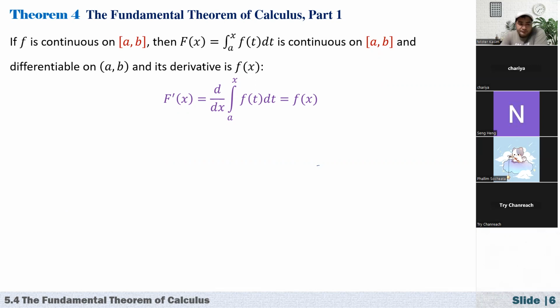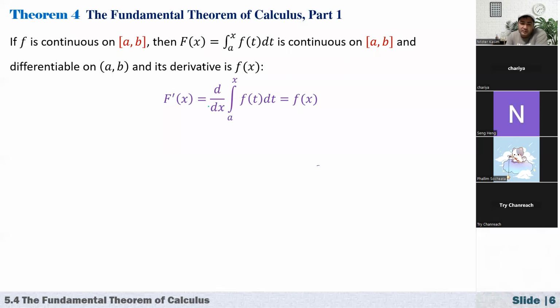The fundamental theorem of calculus, part 1, says that if f is continuous on the closed interval ab, then capital F of x, equal to the definite integral from a to x of f of t dt, is continuous on ab and differentiable on ab, and its derivative is f of x.